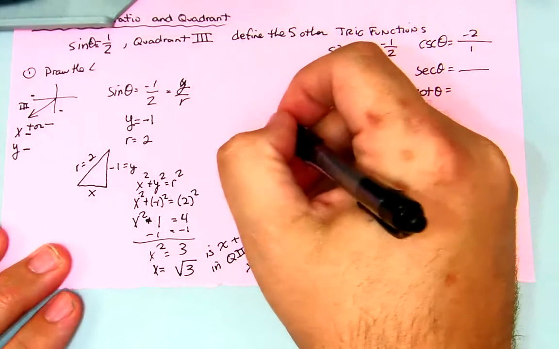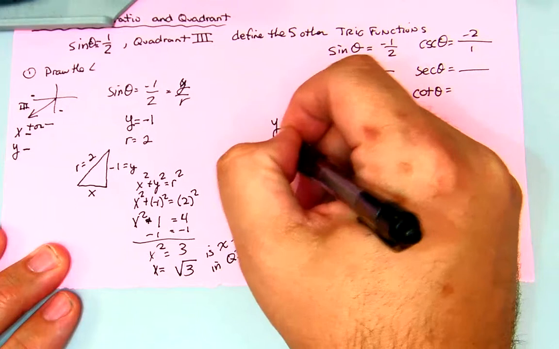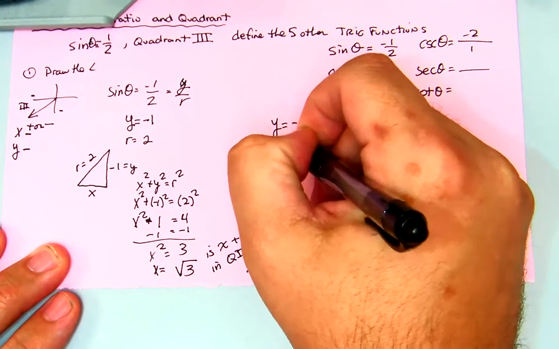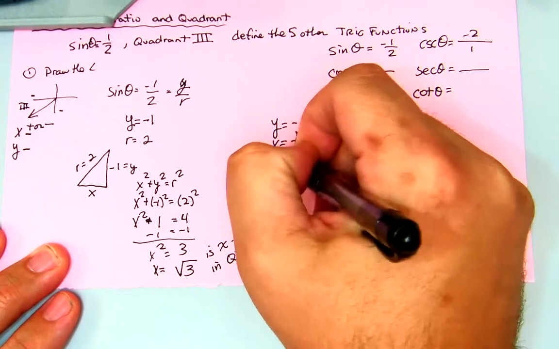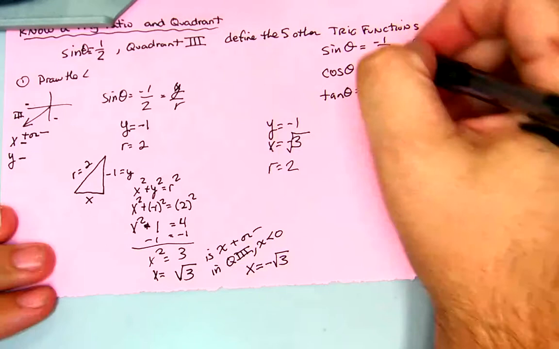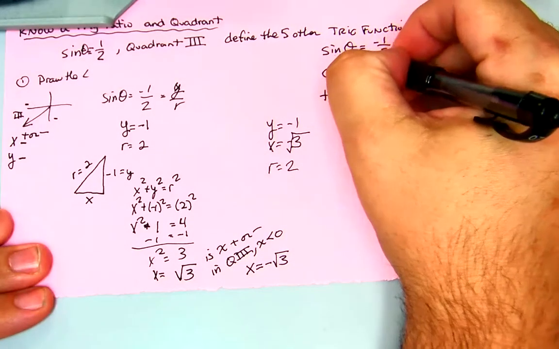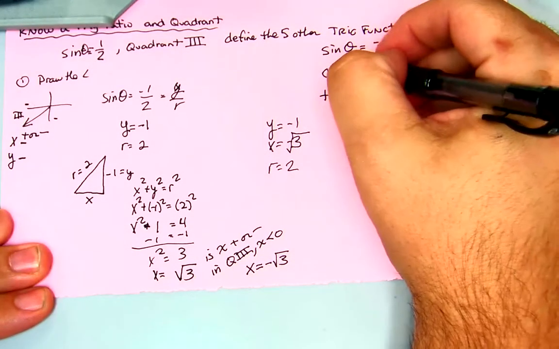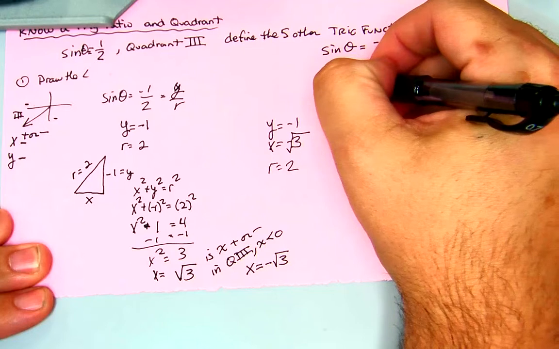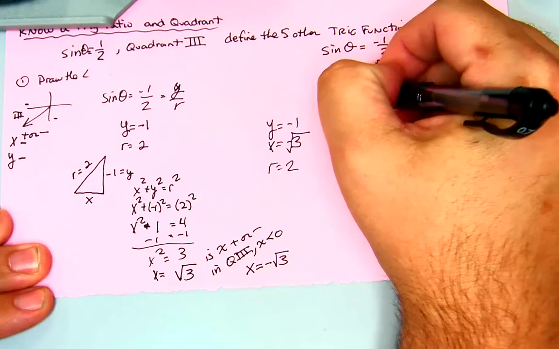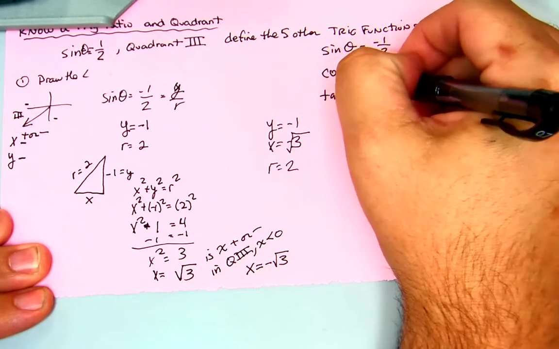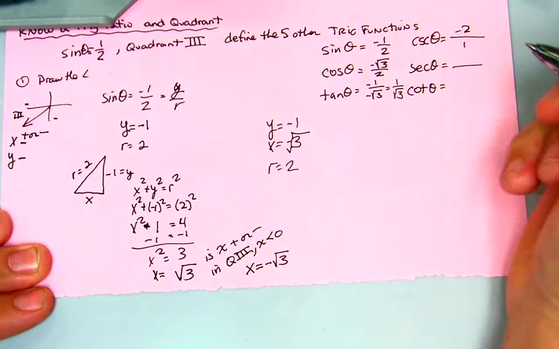So now I know my y is equal to a -1, my x is equal to a -square root of 3, and my r is equal to 2. So I could go to the cosine, put -square root of 3 over 2, and then I'll have -1 over -square root of 3, which is 1 over the square root of 3.